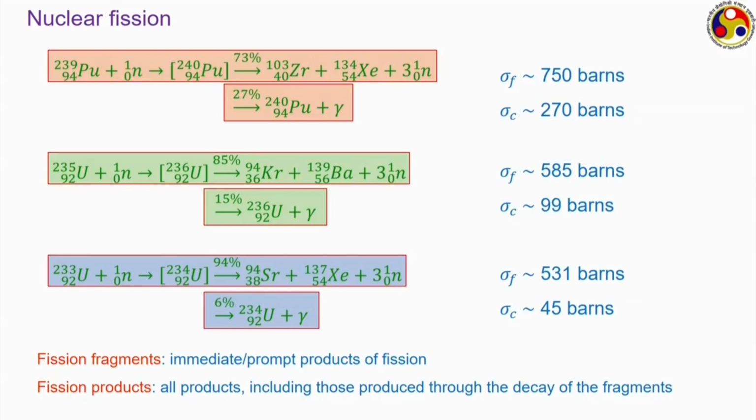Combining all those things, what we get is called the fission products. So, fission products involve the fission fragments plus all the products of the decay of the fission fragments, plus neutrons and any other particle that may get emitted during this fission reaction.